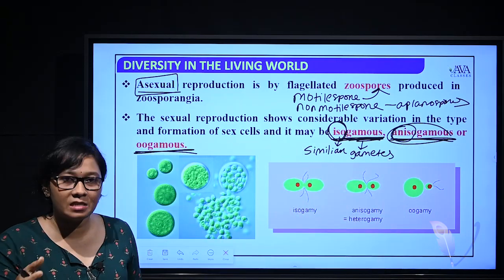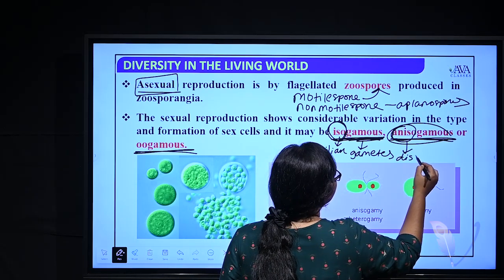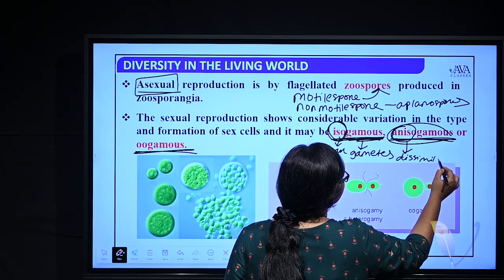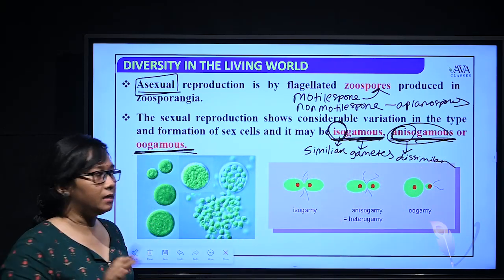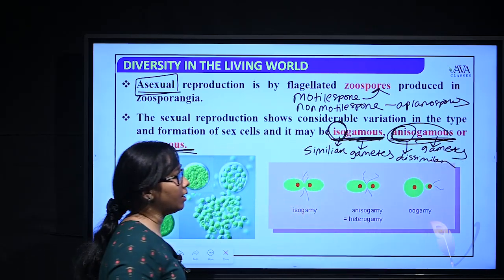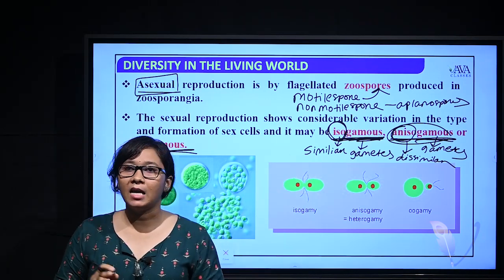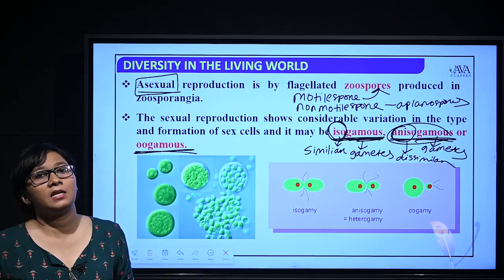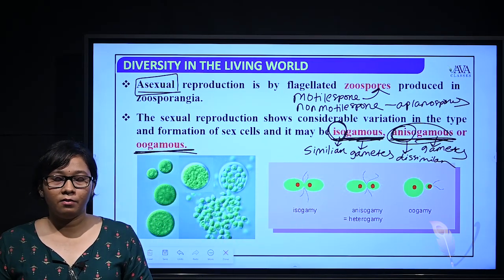Aniso means dissimilar, and gamous refers to your gametes. Here you see that in isogamous similar gametes are found. In anisogamous dissimilar gametes are found.